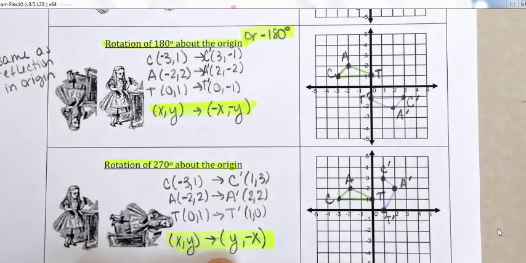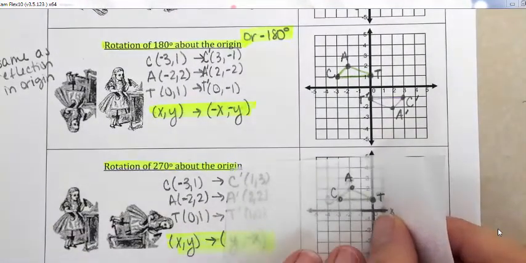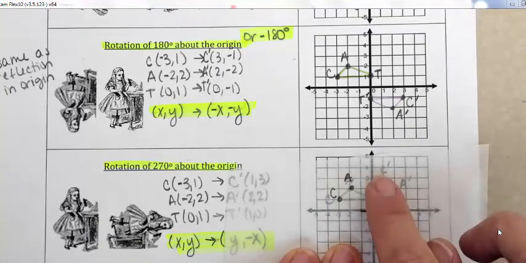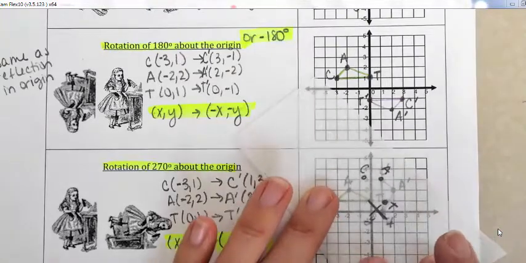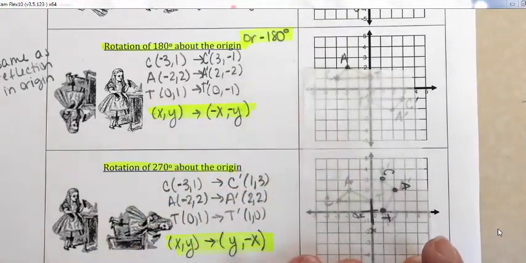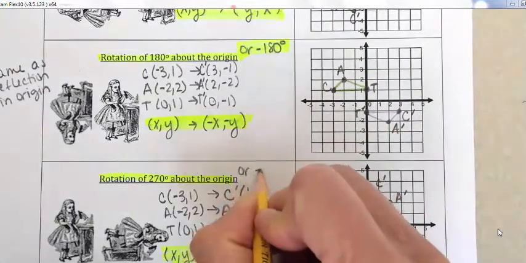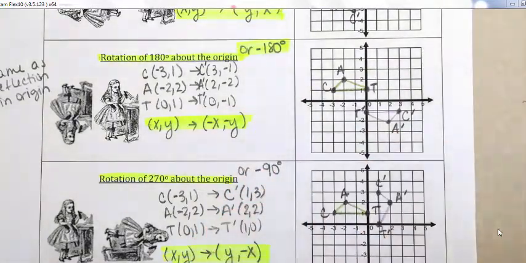Okay, so let's see when we go clockwise how many degrees that will be. Hopefully you already know. If I go clockwise and I want to put CAT on top of C prime, A prime, T prime, going clockwise is just one rotation of 90 degrees. So that would mean negative 90 degrees because we went clockwise. So we could also call this negative 90 degrees.